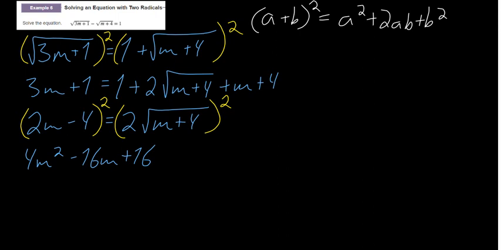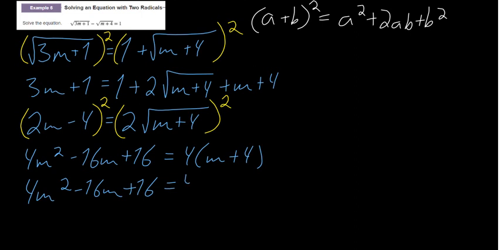And then the right side is going to be equal to 4m plus 4. Okay, so let's go ahead and distribute that on the right side. So it's going to be 4m squared minus 16m plus 16. That's going to be equal to 4m plus 16.